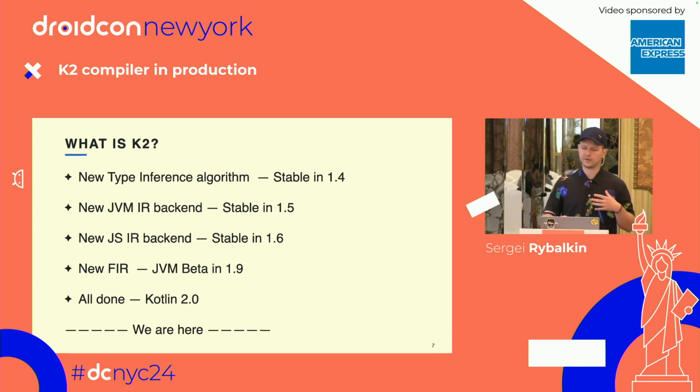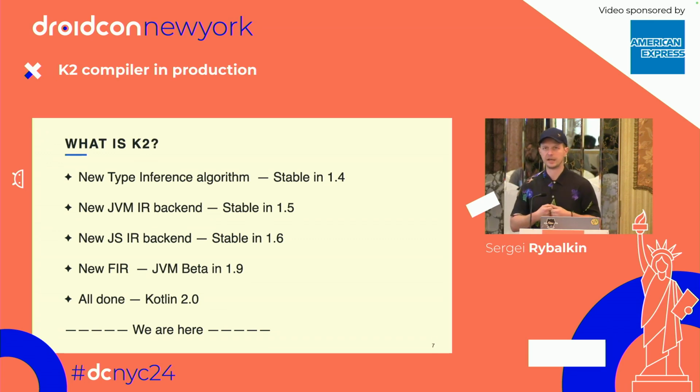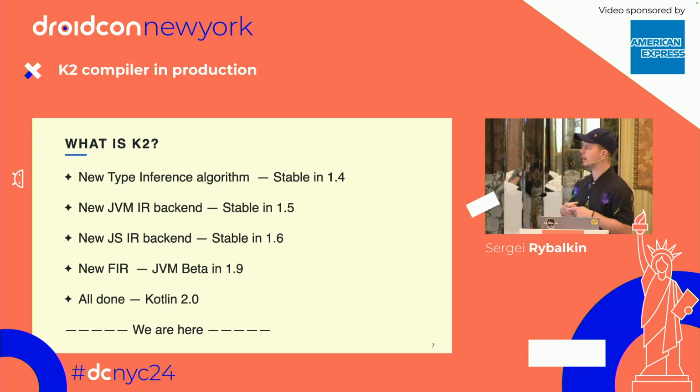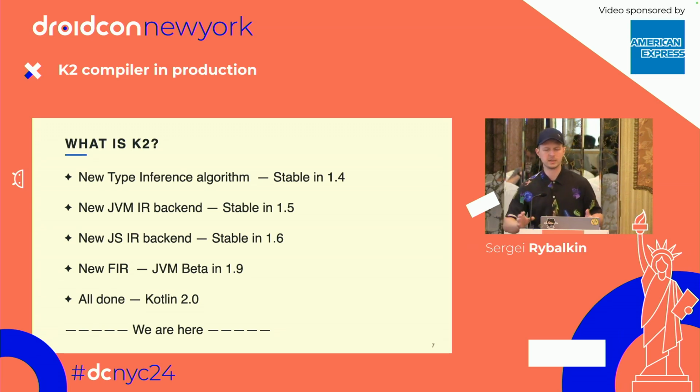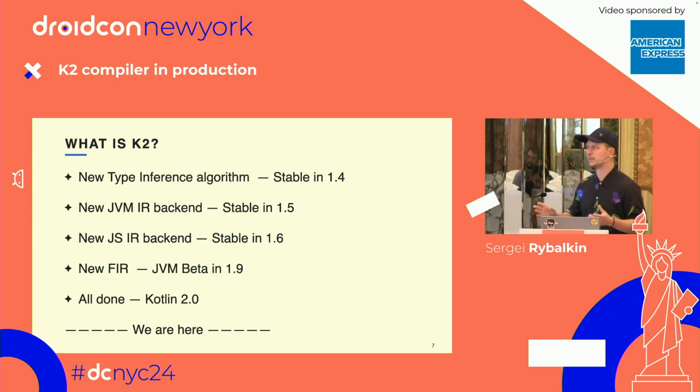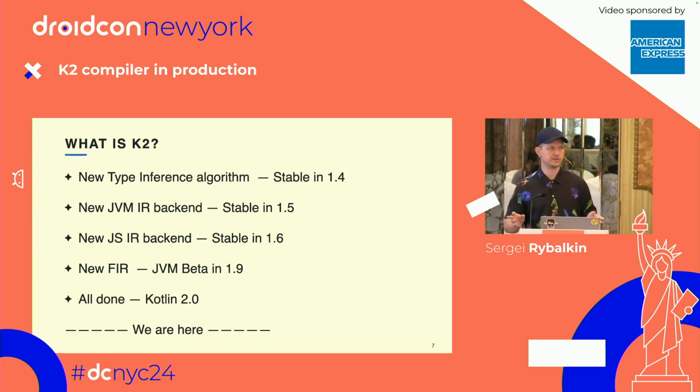Then in 1.5, they started working on the intermediate representation, the JVM IR for the backend, trying to get from a compiler that was once very coupled with the IntelliJ IDEA code base to something that is production ready, probably something inspired by the way the LLVM compiler is structured.